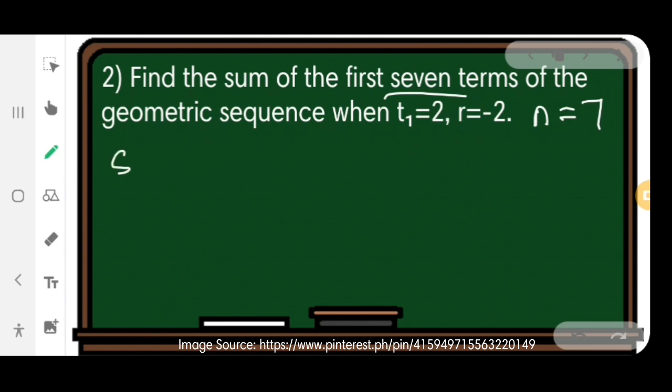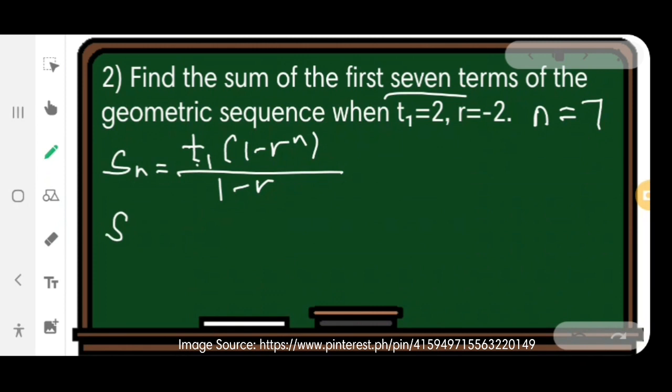And that is S sub n is equal to t sub 1 times 1 minus r raised to n all over 1 minus r. Let us substitute the given values. So S sub 7 is equal to 2 times 1 minus negative 2 raised to 7.